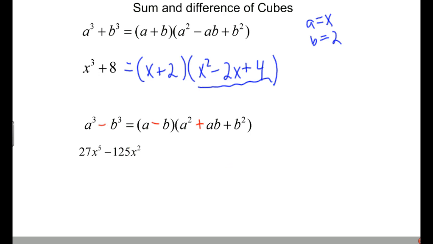So if you take out the GCF, which is x squared, now if you look at this, this is a perfect cube. This is a perfect cube, right? 3 cubed is 27. 5 cubed is 125. X cubed is a perfect cube. So we have what's called difference of cubes.